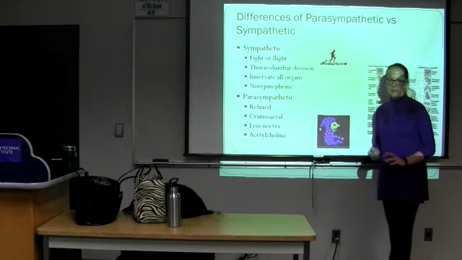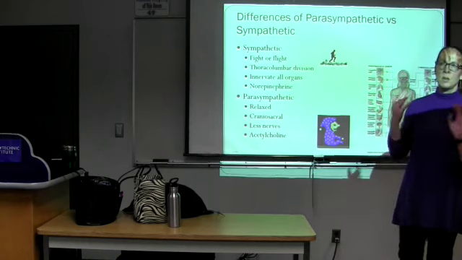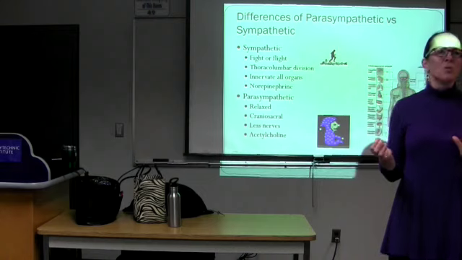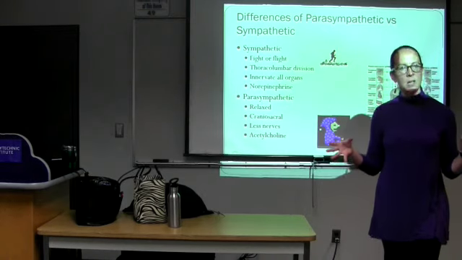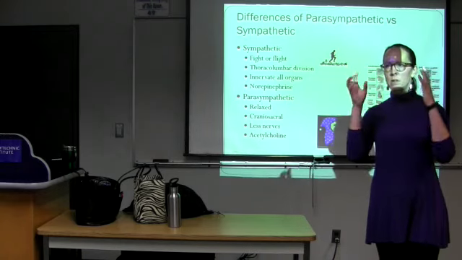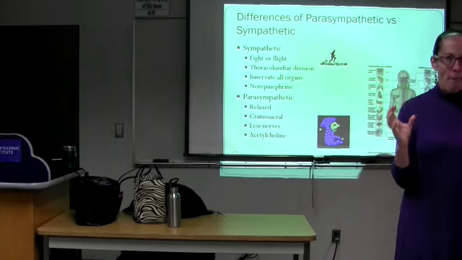Sympathetic goes to all organs. I think one of the main things to remember, well, it's critical for many things. It goes to all of our blood vessels. So when you get nervous and you stimulate those nerves, it'll contract all your blood vessels. Now, why is that important to understand? What would that do to our blood pressure? Yeah.